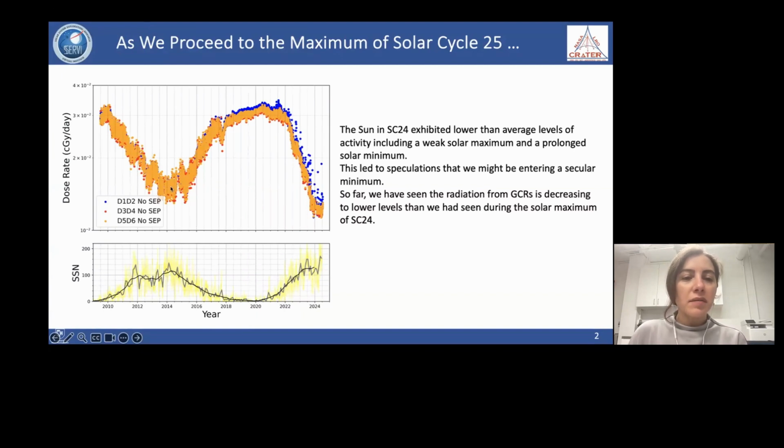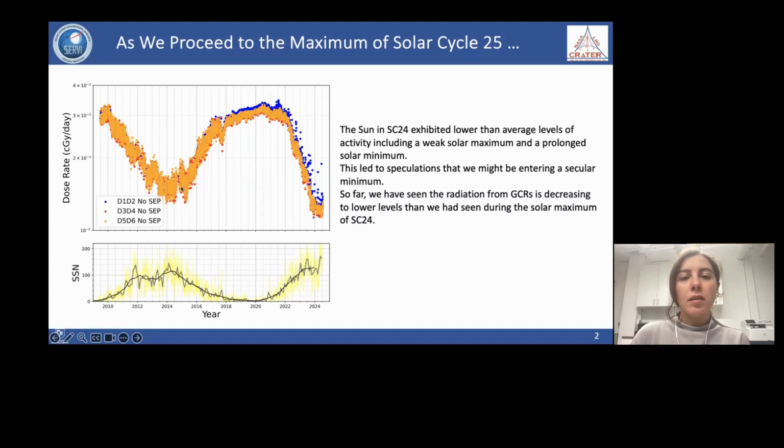So here we see the maximum of cycle 24, which is around the year 2014. You see how the dose rates drop to values on the order of less than 0.02 centigray per day during the solar maximum of cycle 24.